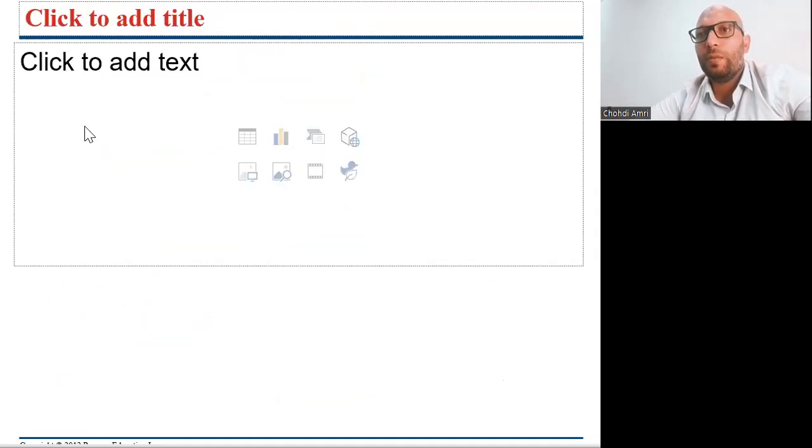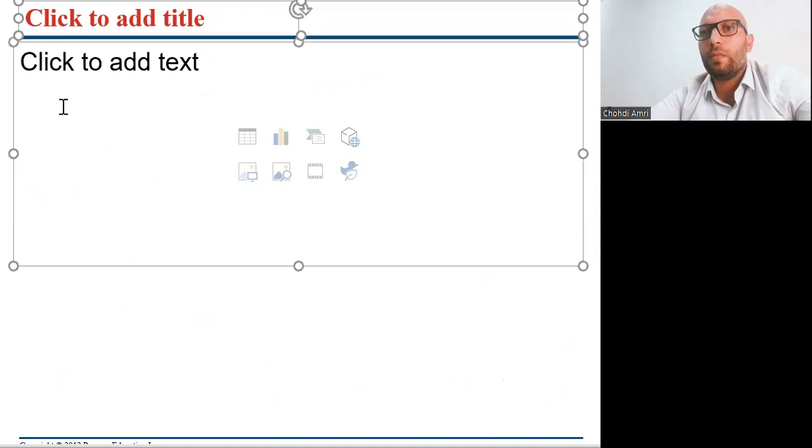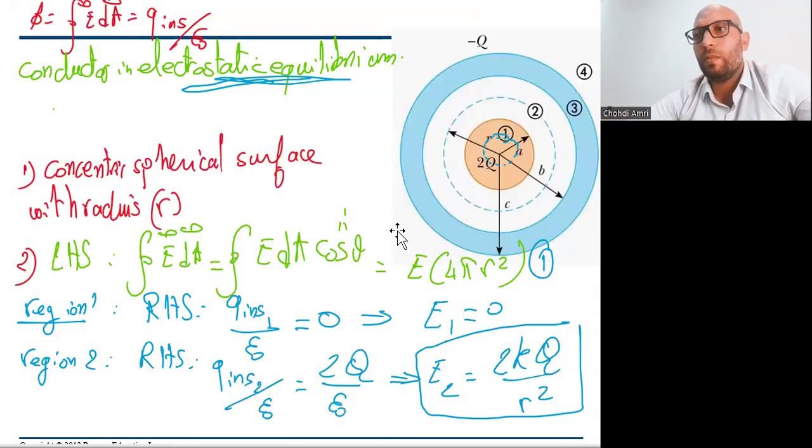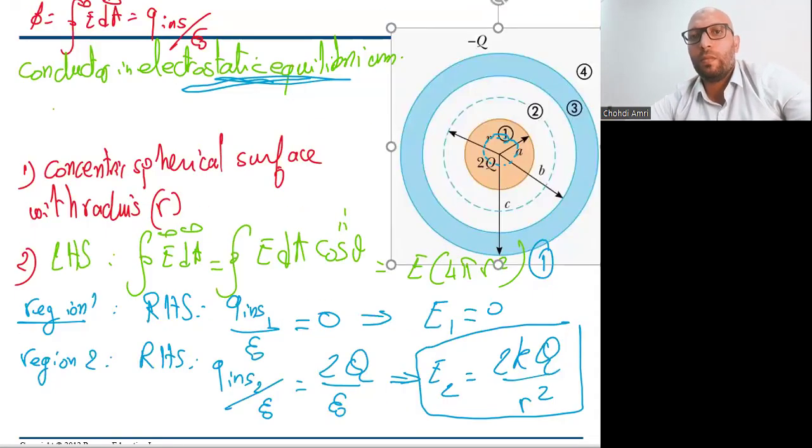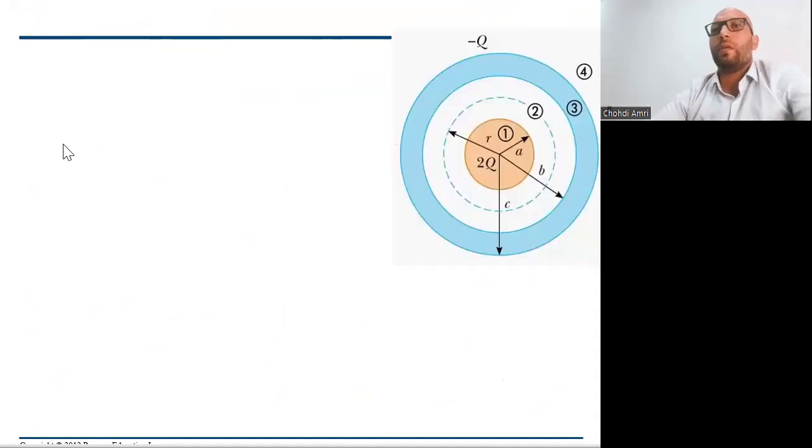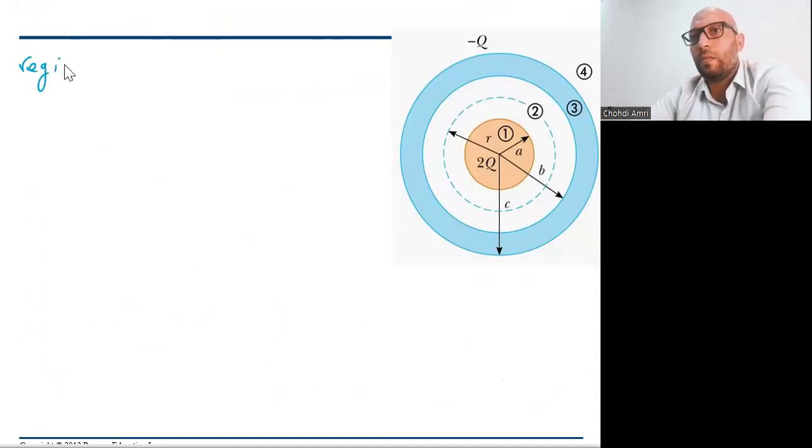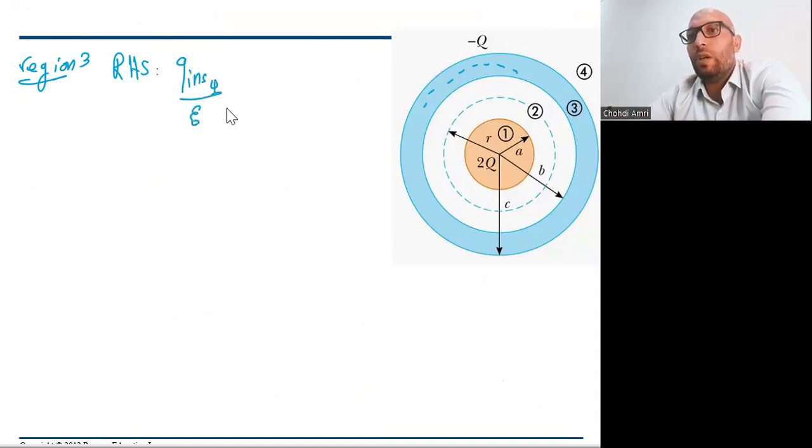On the third region, okay, we are here now, in between, the spherical shell. In this case, the right-hand side gives Q inside 3 divided by epsilon naught.